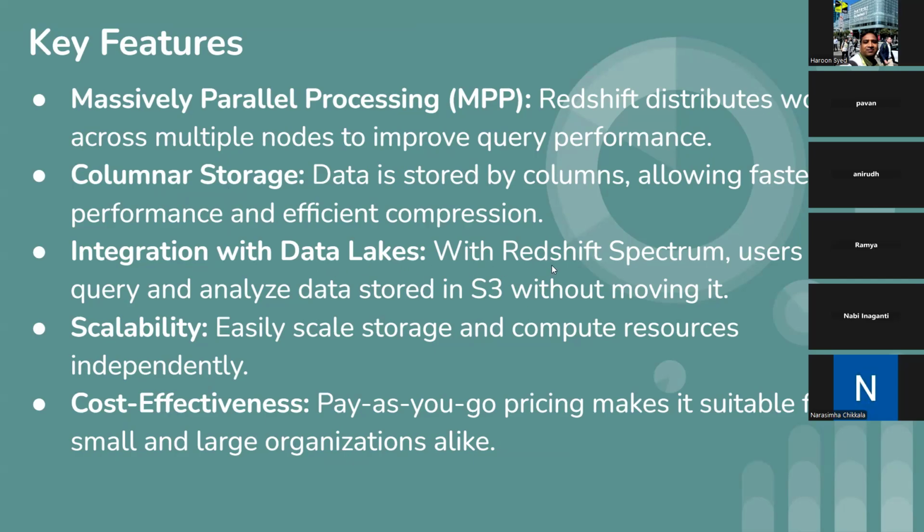As I told you, with Redshift Spectrum, we can query and analyze data stored in S3. Basically here, it means the unstructured, raw data. We need not move the data into Redshift. We can query the data directly, which is hosted on S3. Scalability and cost effectiveness are, I think, regular things.